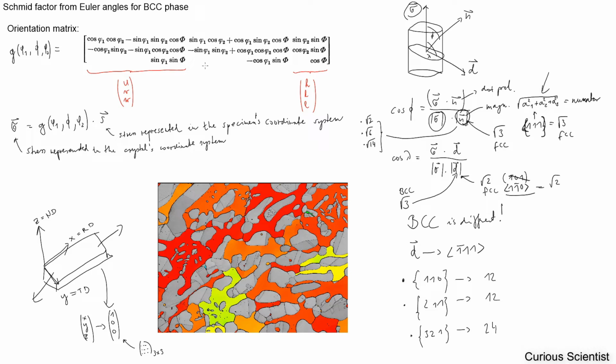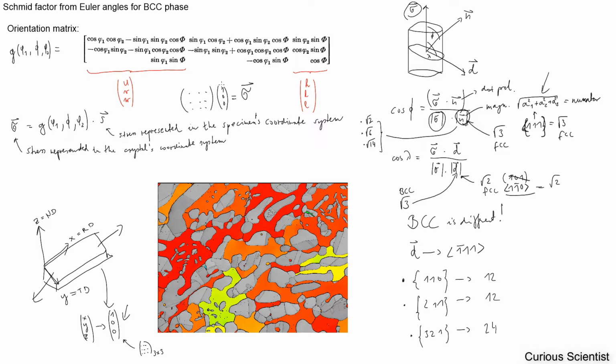And then you have this 3x3 matrix filled up with numbers. Then you multiply your stress vector by the g, and what you get here is the sigma vector. So that's how we get the sigma.